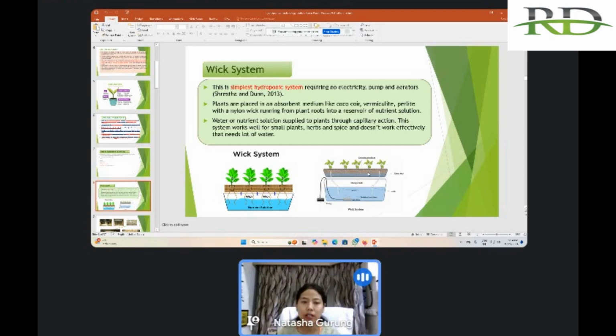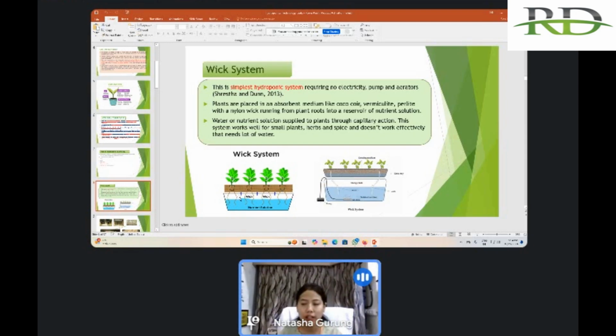What is done in this? Plants are placed in a nutrient medium, maybe coco peat or vermiculite, and a thick nylon wick is running. Like yesterday, in the first lecture they talked about the wick system.